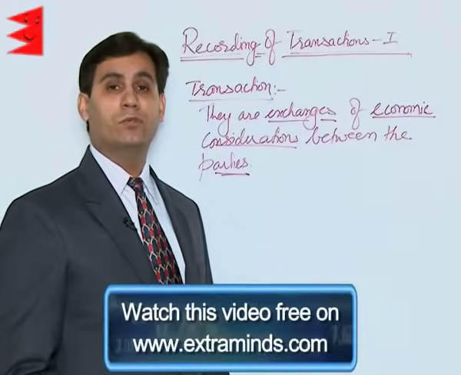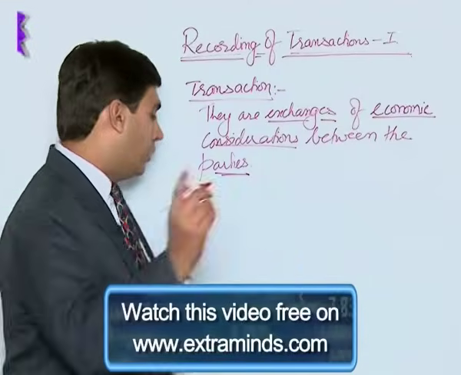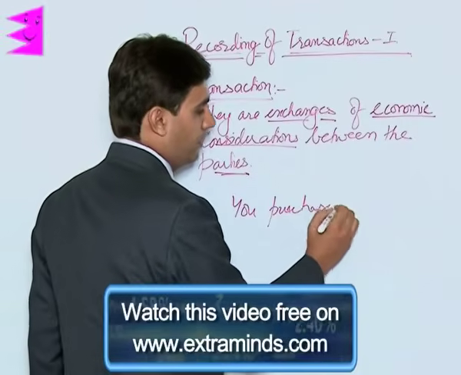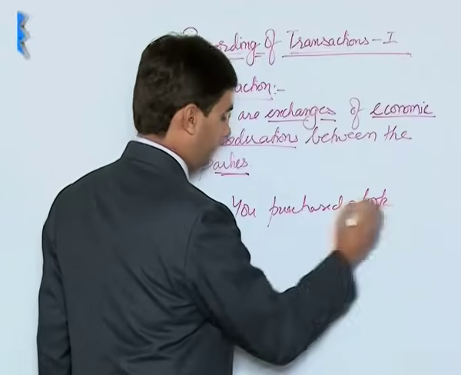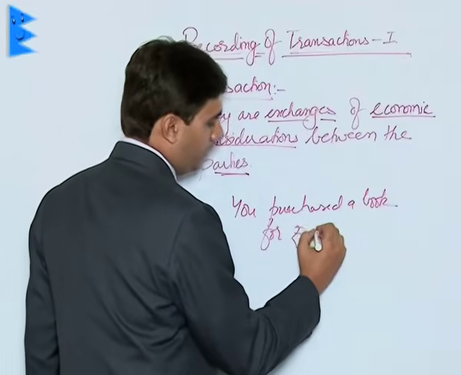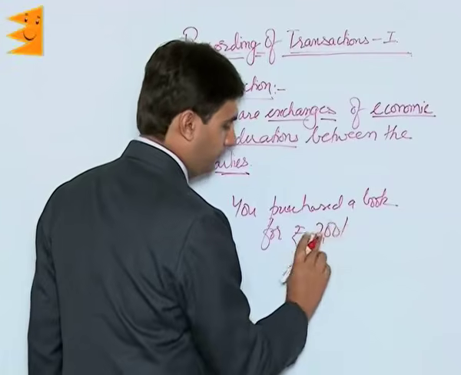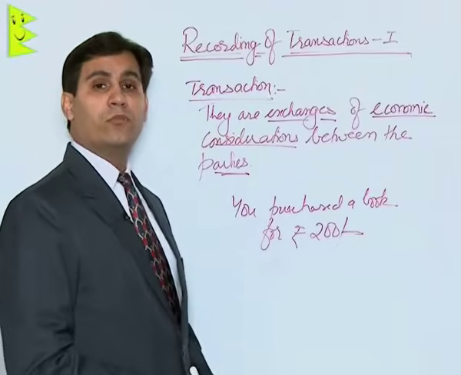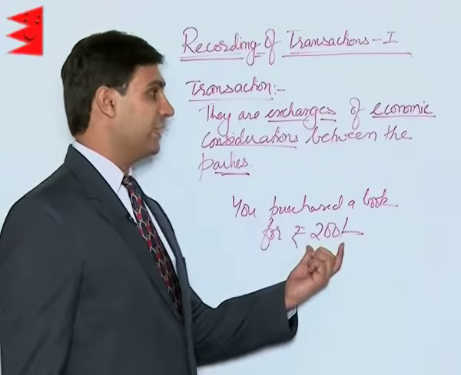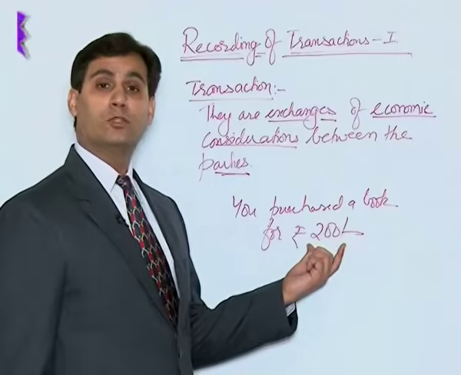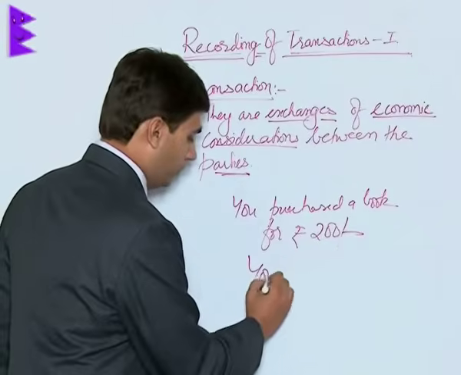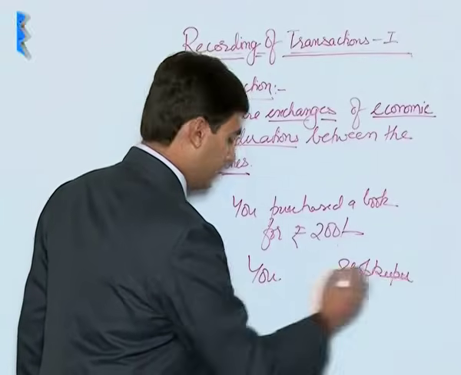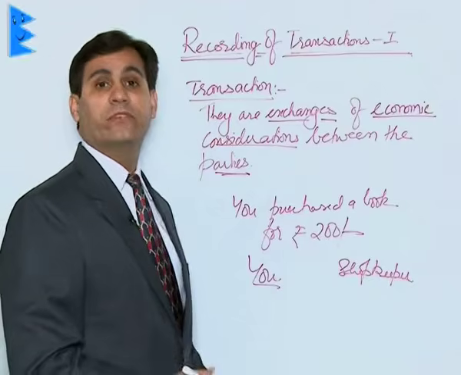Let us take an example to actually illustrate this point. You purchased a book for rupees 200. Now student, when you have purchased a book for rupees 200, there is an economic value to it, and the two parties are you and the shopkeeper, and there is a reciprocal exchange of items.